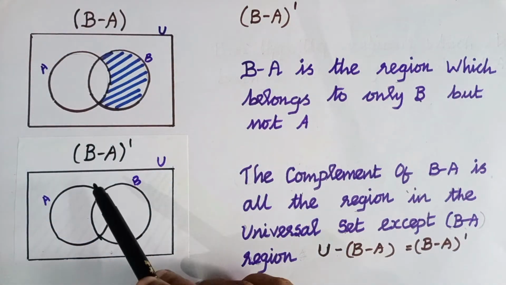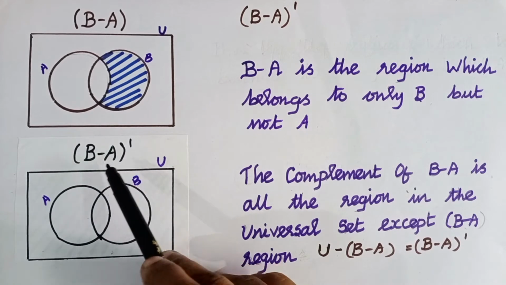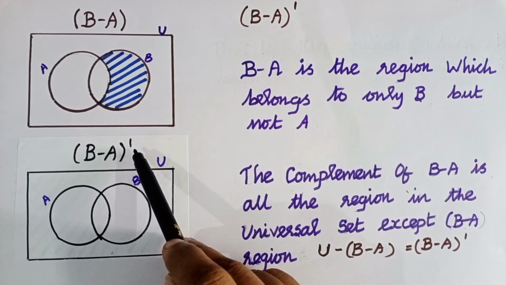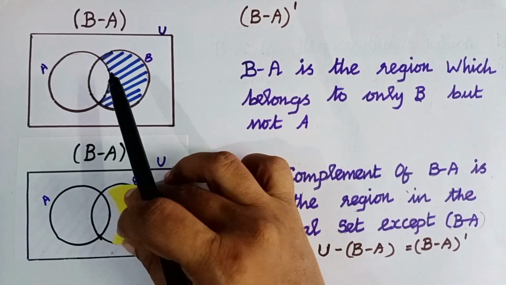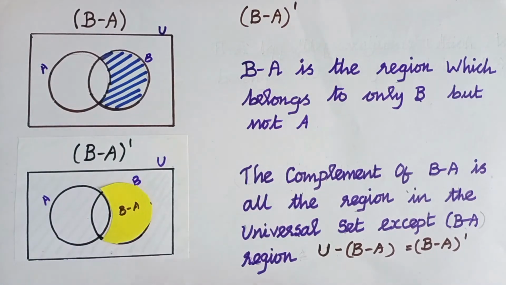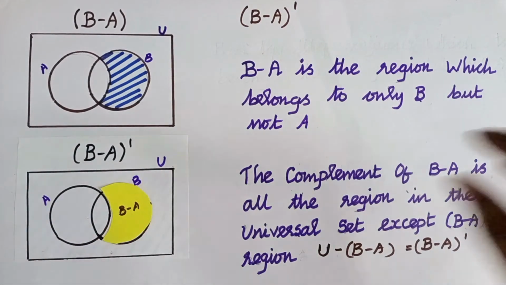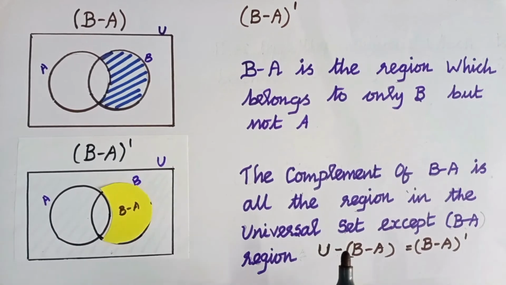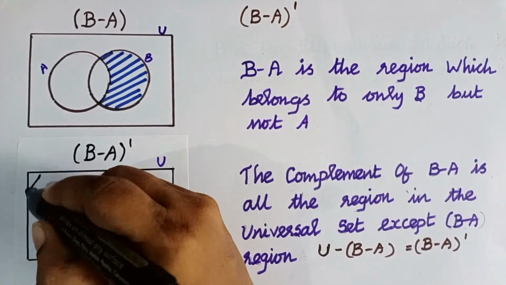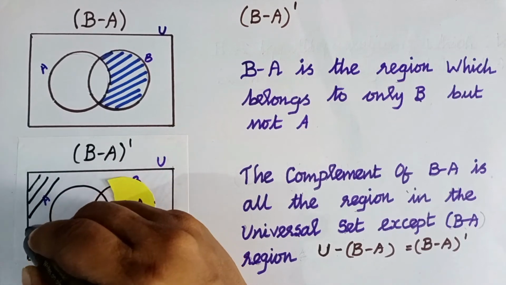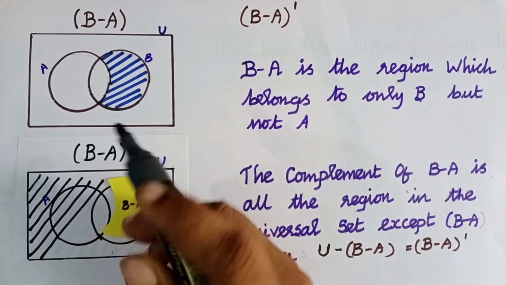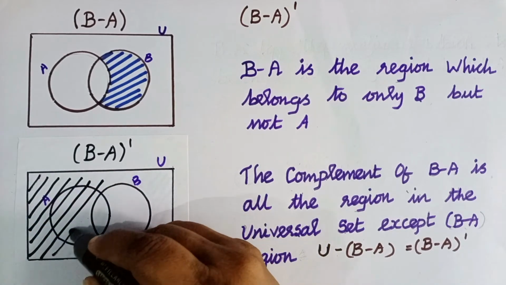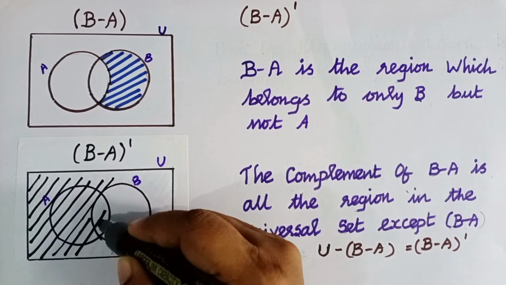Now let us shade B minus A the whole dash. The B minus A whole dash, that is the complement of B minus A, means you have to shade all the region in the universal set except this B minus A. So except this B minus A, you shade all the portion.